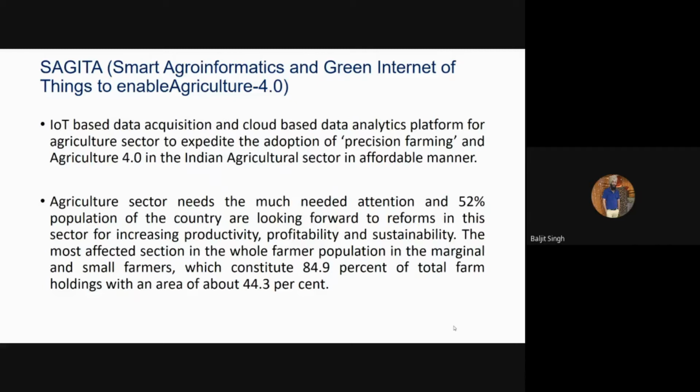Due to the small land holding, their problems are even more. They cannot afford these kinds of precision farming techniques and big machineries, so they are dependent on completely manual, conventional ways of agricultural practices only.